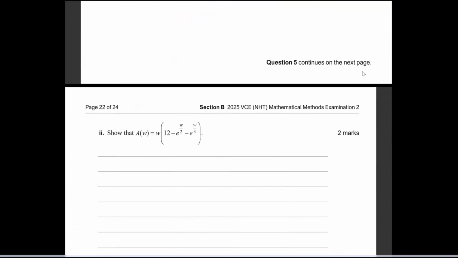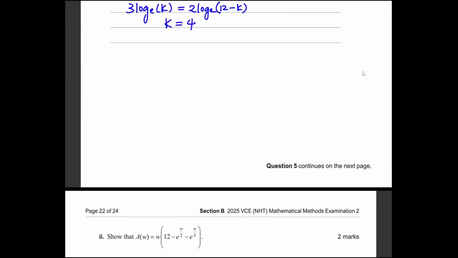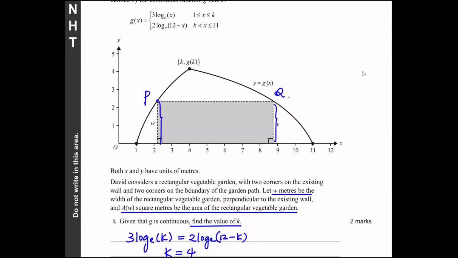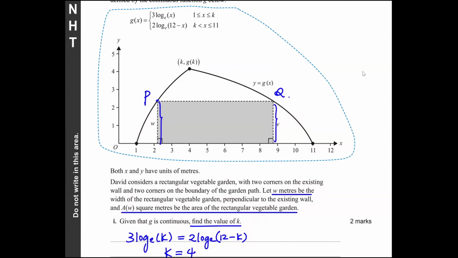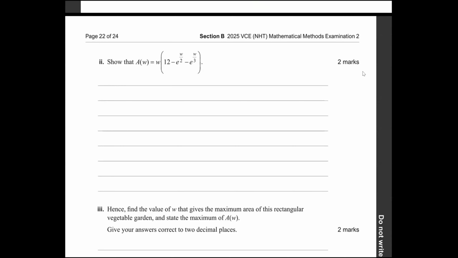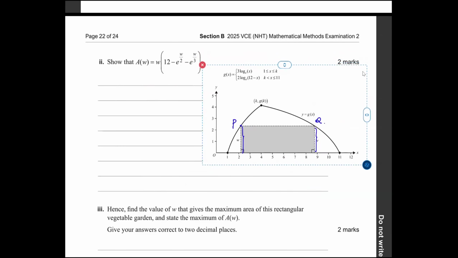Okay. Show that A(W) equals W times (12 minus e to the power half W minus e to the power third W). Okay, so let me take a snippet here. What I'm going to do is, this is a show-that question.